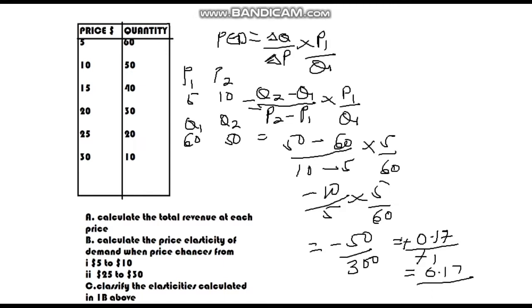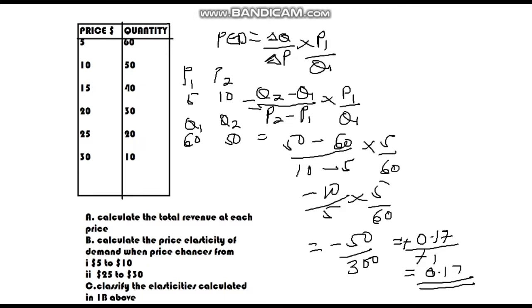So this will be your answer, and the name given to the answer is called coefficient. So the coefficient is 0.17. Now we are done with the first one. If you have any question, you just bring it in the comment section.